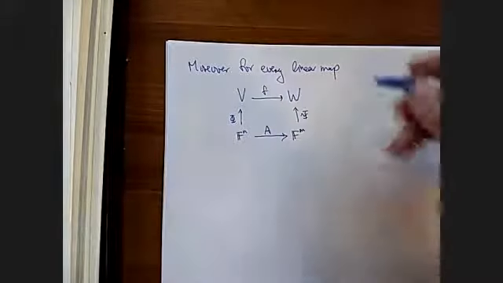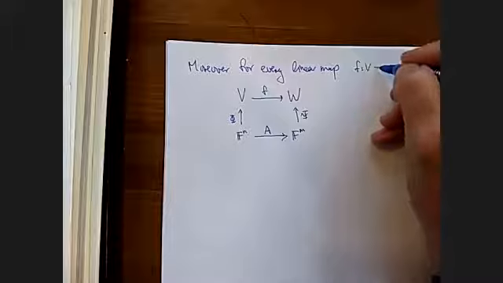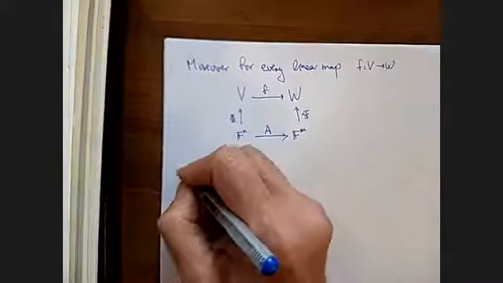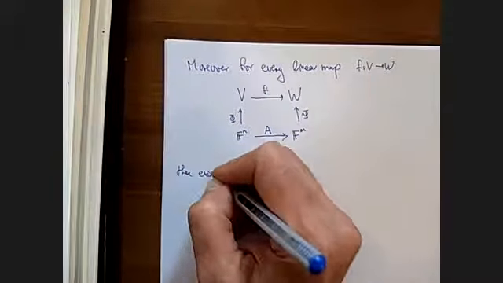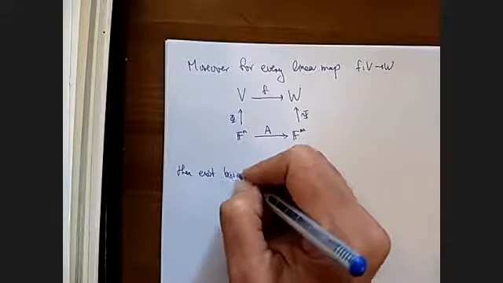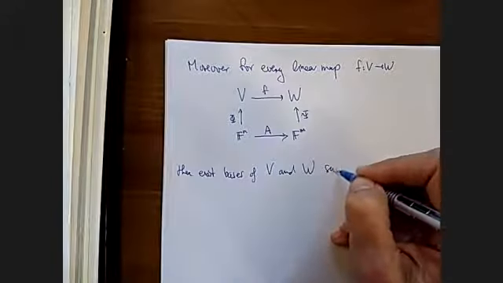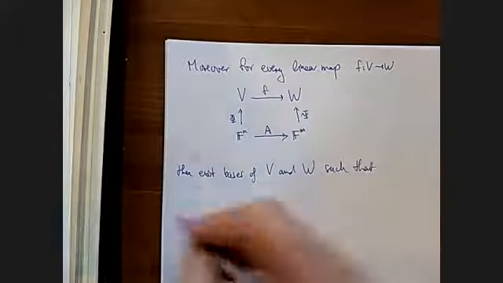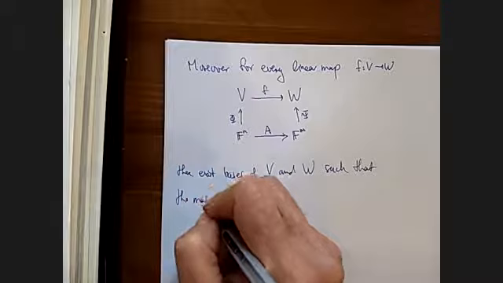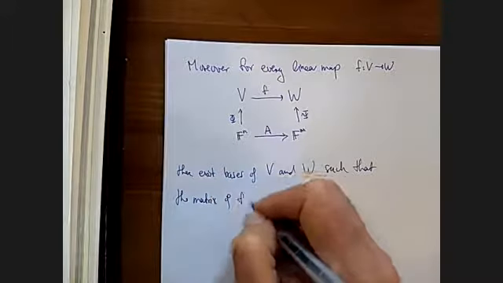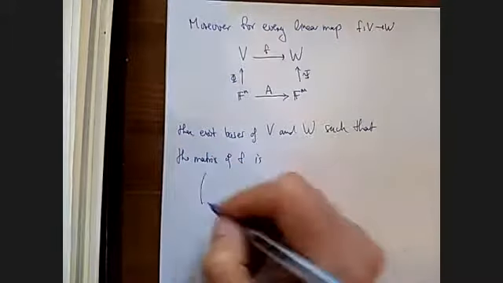So for every linear map F from V to W, there exist bases of V and W such that the matrix of F is as described.